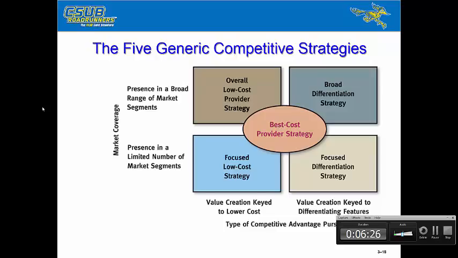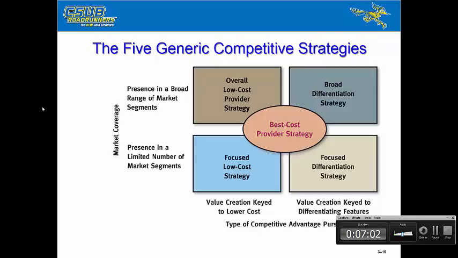A good example of focused differentiation is a company like Bombardier. They make private corporate jets, so they have very high quality products, and they're focused on a very particular market. It's also possible to have low cost but focus just on a specific niche of the market rather than the whole broad market.